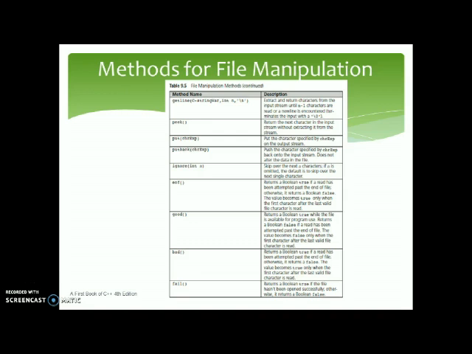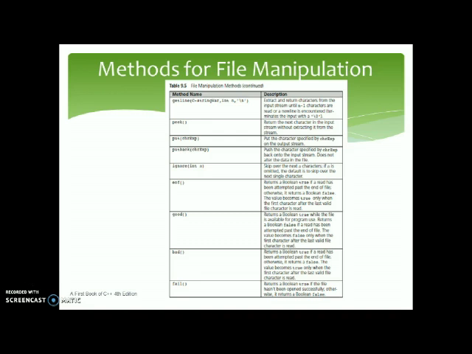Next, ignore, followed by an argument of type integer n. So n is just a variable. This will skip over the next n characters. If n is omitted, then the default is to skip over the next single character. And then EOF, or end of file, returns a boolean true if a read has been attempted past the end of file, otherwise it returns false.